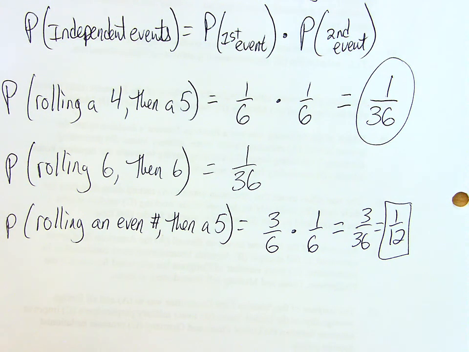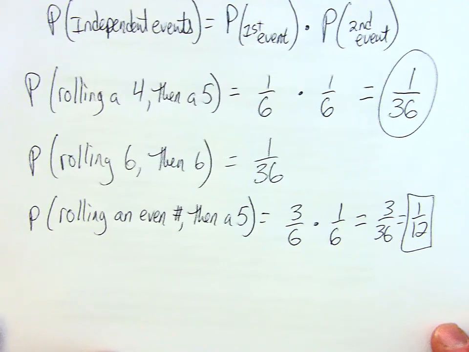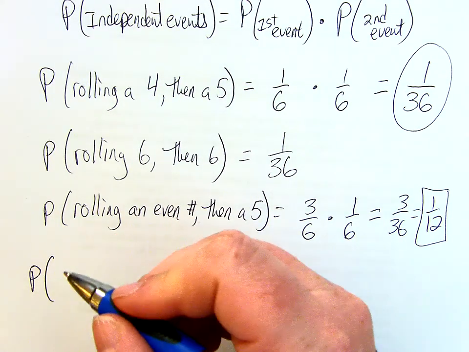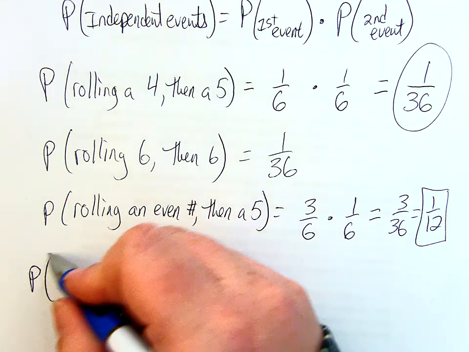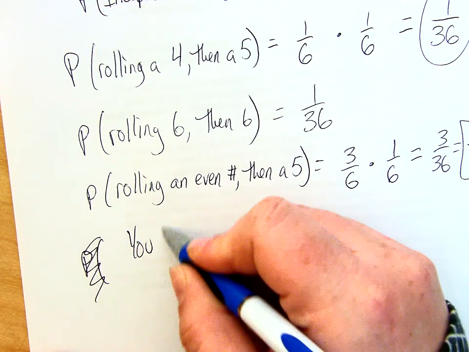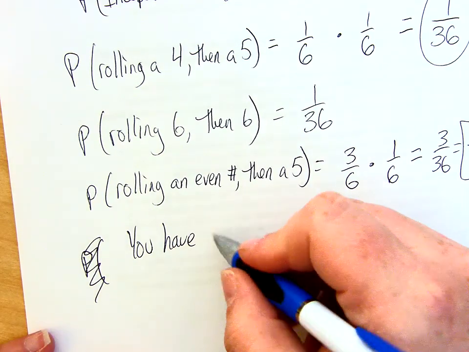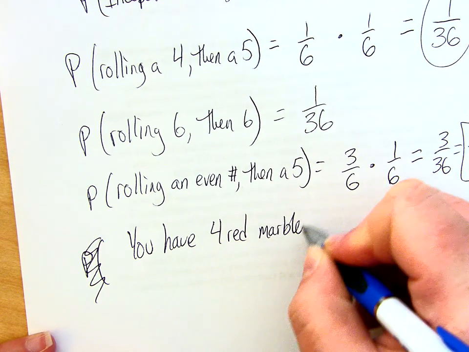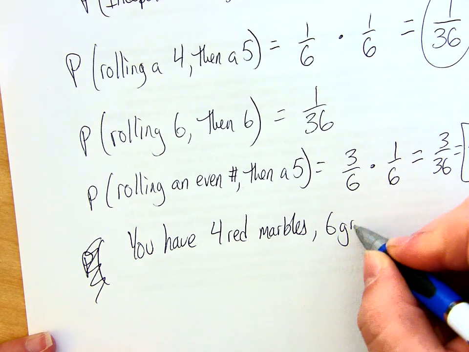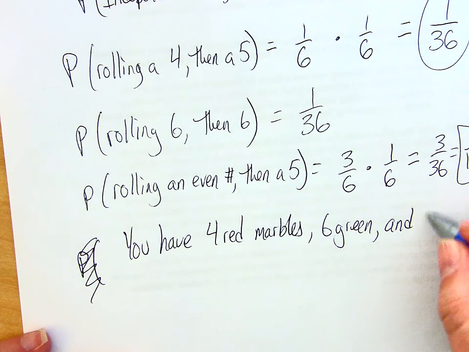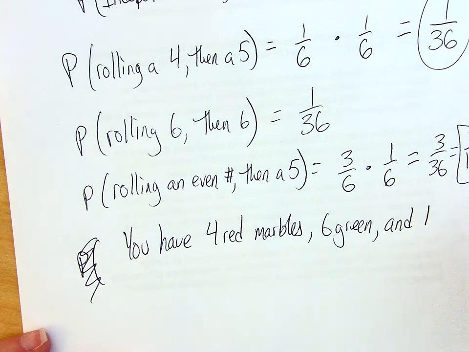Let's try a different scenario that's independent. Actually, let me give you a scenario. Let's say you have 4 red marbles, 6 green, and I don't know, 1 yellow.